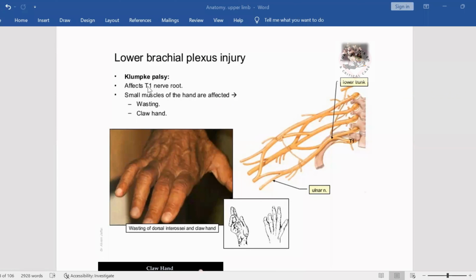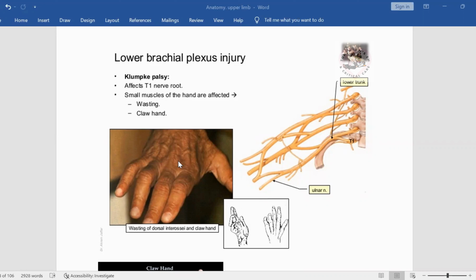This is full claw hand, and you see if there is compression at C8 and T1, there is small muscle wasting along with guttering. That means if there is a lesion of both median and ulnar nerve, there will be gross muscle wasting.